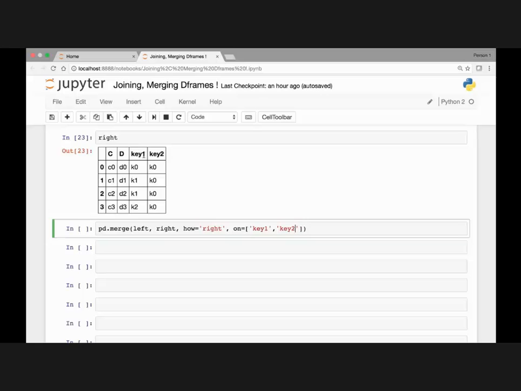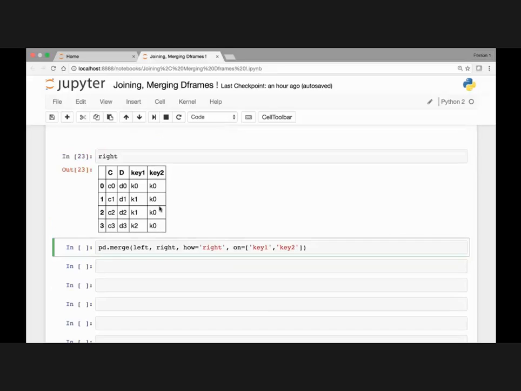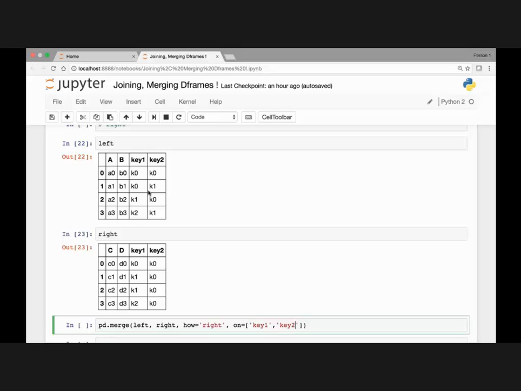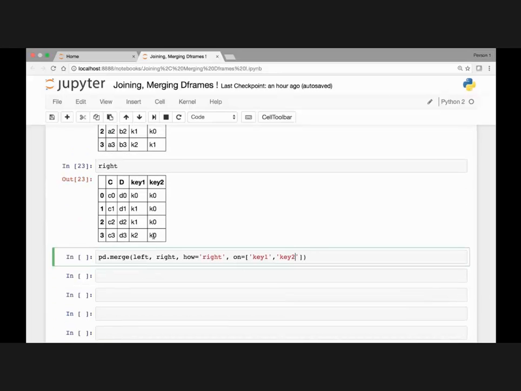So we have the third key 1 and key 2 combo in the right data frame, which is also K1 and K0. So we'll have another row containing these two elements for the right data frame. And the last key 1 and key 2 combo in the right data frame is K2 and K0. Do we have K2 and K0 in the left data frame? No. So we'll have no values for A and B for the last K2 and K0 combination.